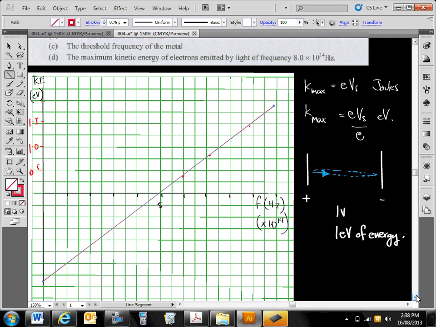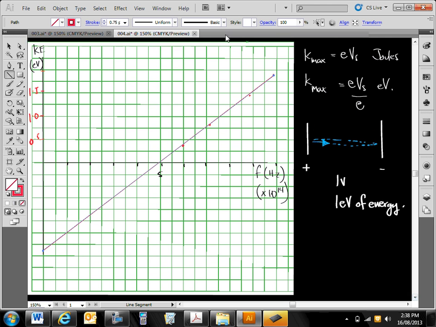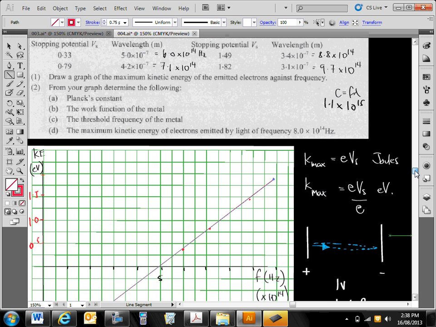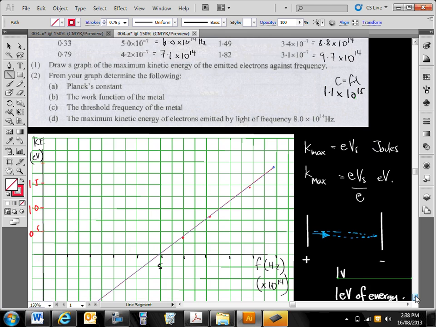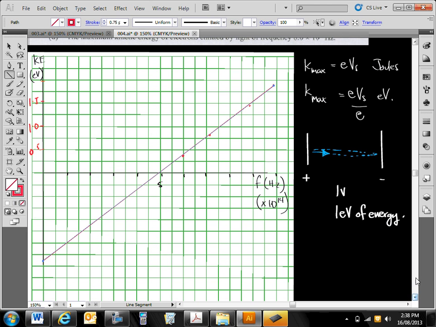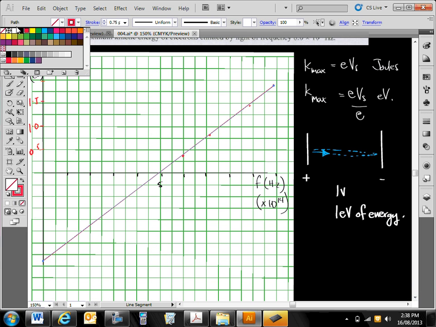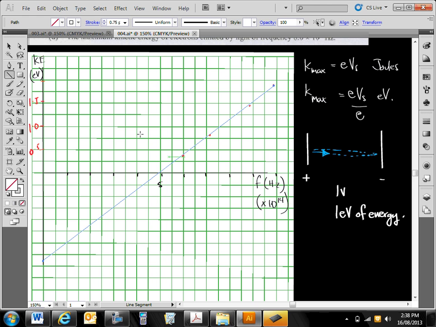What they want you to calculate from this graph, and you might have taken these measurements using the stopping voltage and calculating the frequency. You've graphed it. You've taken more data points than 4; 4 is a bad idea. And then the first question is, how do you find Planck's constant?